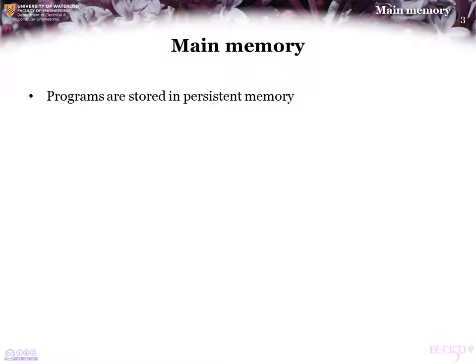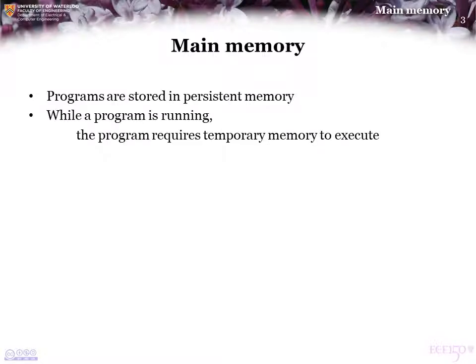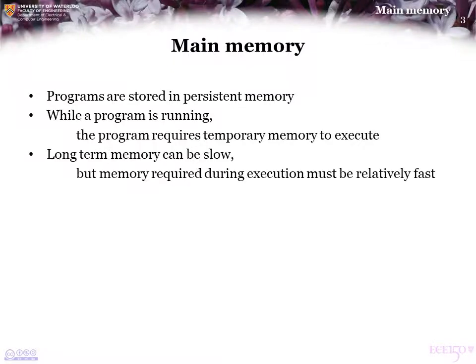Now, programs are stored in persistent memory, be that on a hard disk drive or a solid state drive. After they are compiled, programs are sitting there waiting to be used. While a program is running, however, that program requires temporary memory to execute.